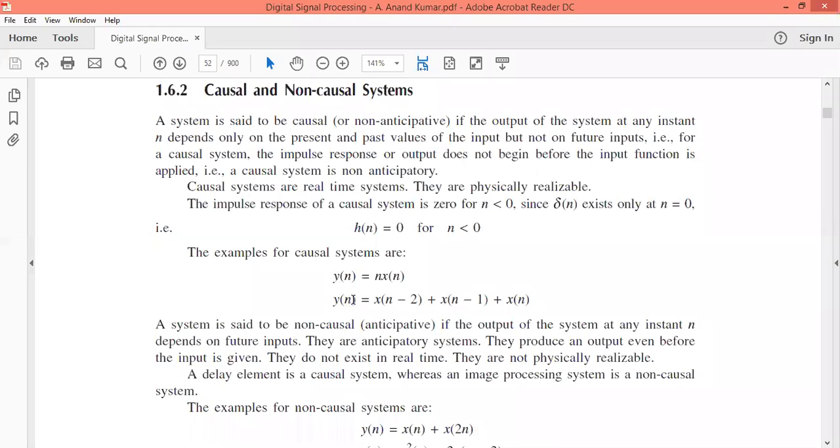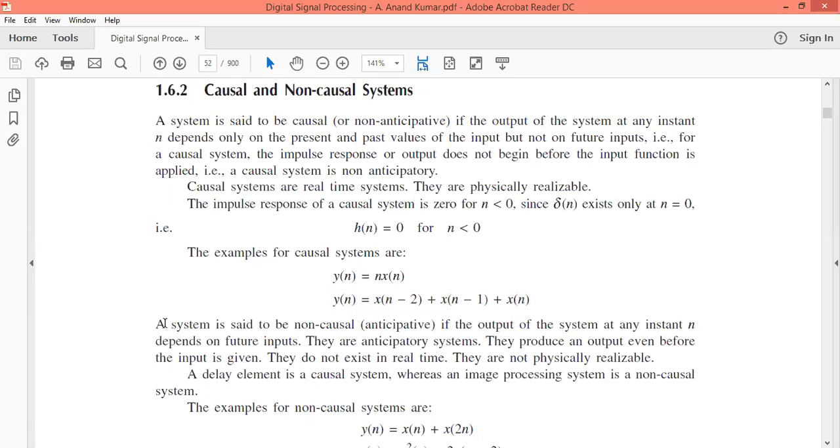Here y of 0 is the present output, x of 0 is the present input, and x of minus 2 and x of minus 1 are past input values. So the present output depends upon the present input and past input values. So what type of system is it? It is a causal system. The present output should not depend upon the future input values.